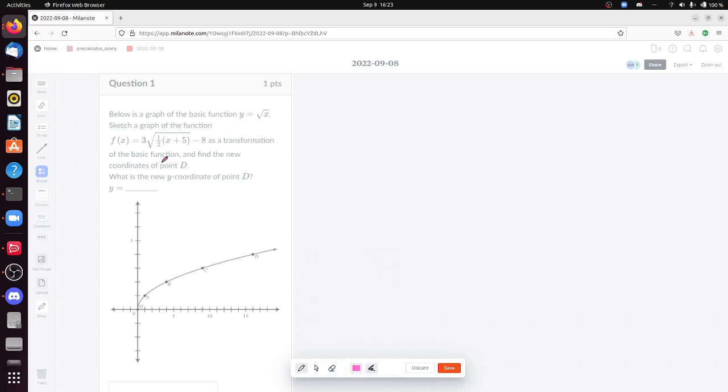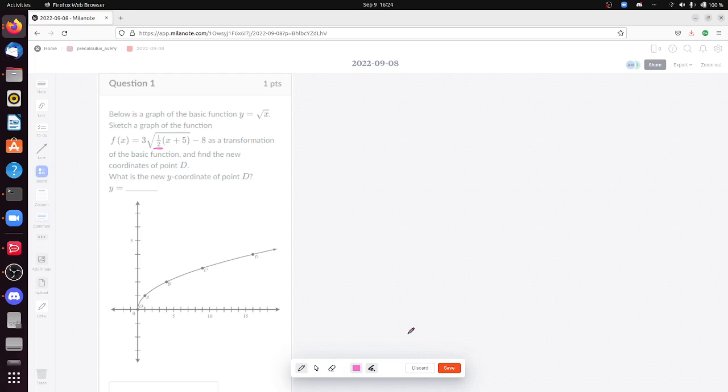So the first transformation that we see here is that we are basically scaling the x coordinate. Now, with scaling the x coordinate, you have to keep in mind that when dealing with the x in general, whatever transformation you do, it's actually the opposite of what you think, because the x is the input to the function, so you actually have to do the opposite of the transformation to give it the same output value.